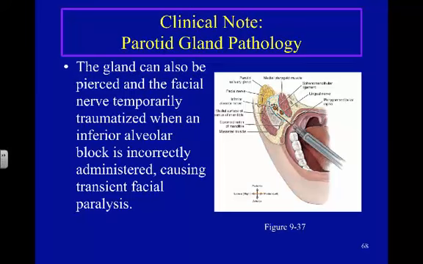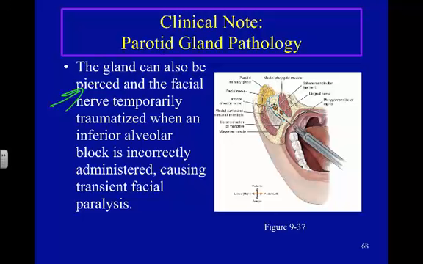All right? So here is where dentists have a problem. Sometimes a dentist pierces the gland because it's so extensive, and if they give an injection, one of the problems is that the patient is not having sensation, it's not ablating any pain, but the patient now complains about facial pain.